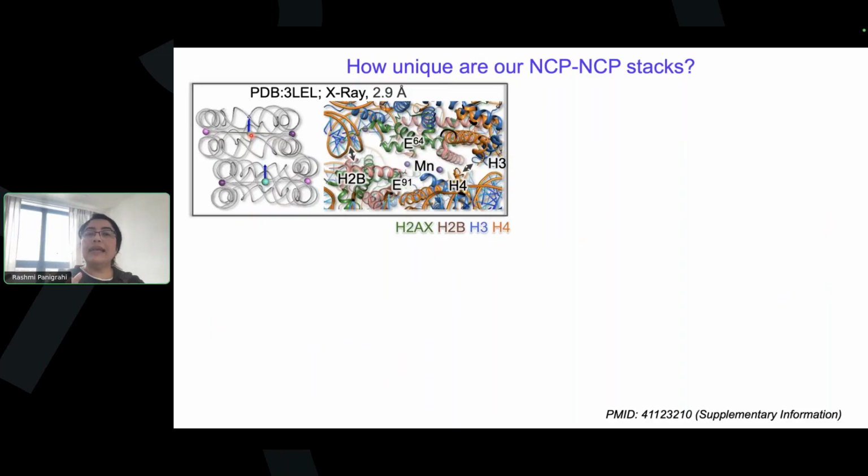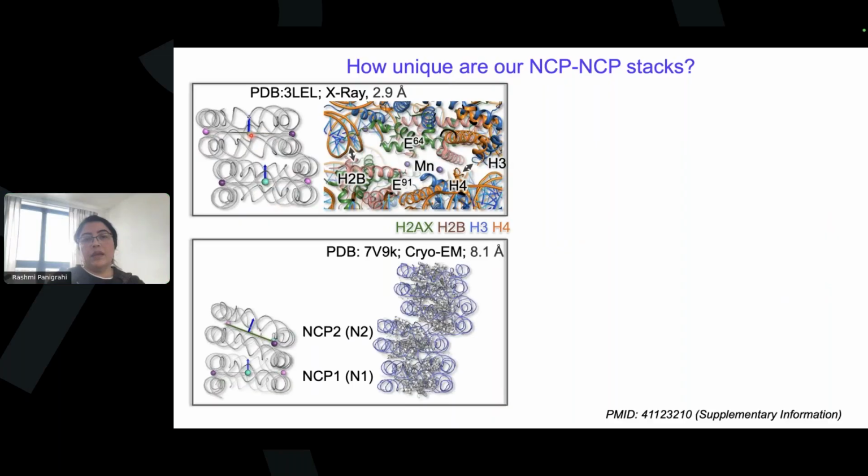However, this only happens in X-ray structures of mononucleosomes. In cryo-EM structures, normally the dyad centers face in the same direction, except in the case of these telomeric nucleosomes, a nucleosome stack which was determined a couple of years ago, where the researchers used one single DNA, and it twisted in a left-hand orientation to form these nucleosome stacks, as you can see here.